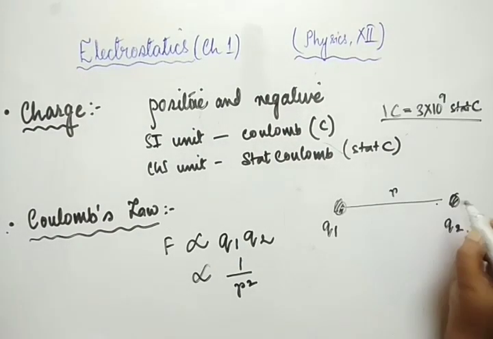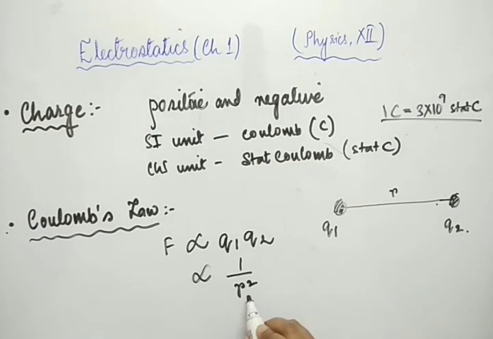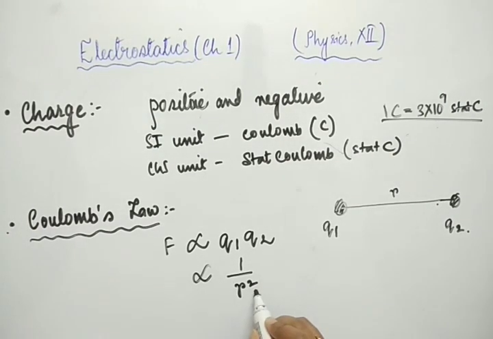So if R is the distance between them, it will be inversely proportional to the square of this distance.